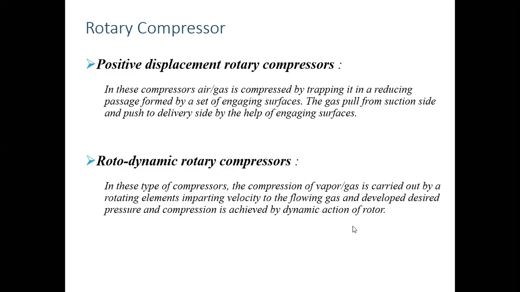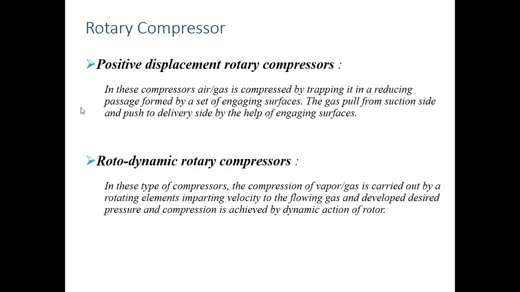In such cases, there is a casing, and in that casing there is a pipe of enlarged size. Generally in this type of compressor, the flow inlet is axial to the axis of the compressor and the outlet is radial. The enlarged pipe is provided so that the pressure will rise and pressurized gas will be supplied to the outlet. So this is the basic difference between these two types of compressor.